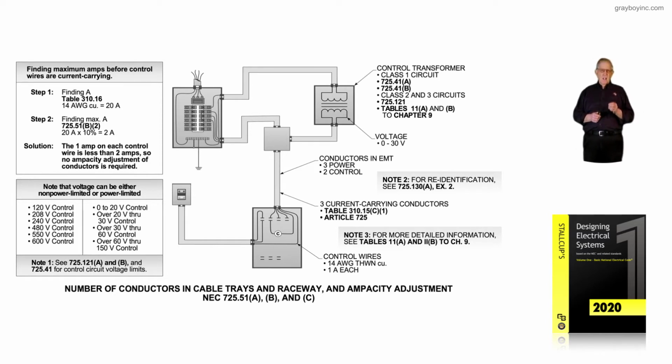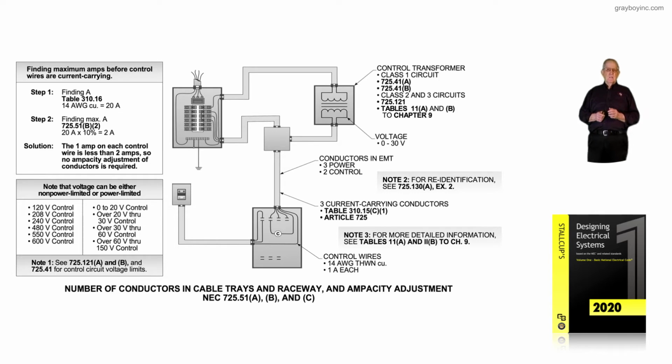A Class 2 and Class 3 circuit can be examined in detail by looking at 725.121 and looking at the power output of these circuits in Table 11A and B to Chapter 9.